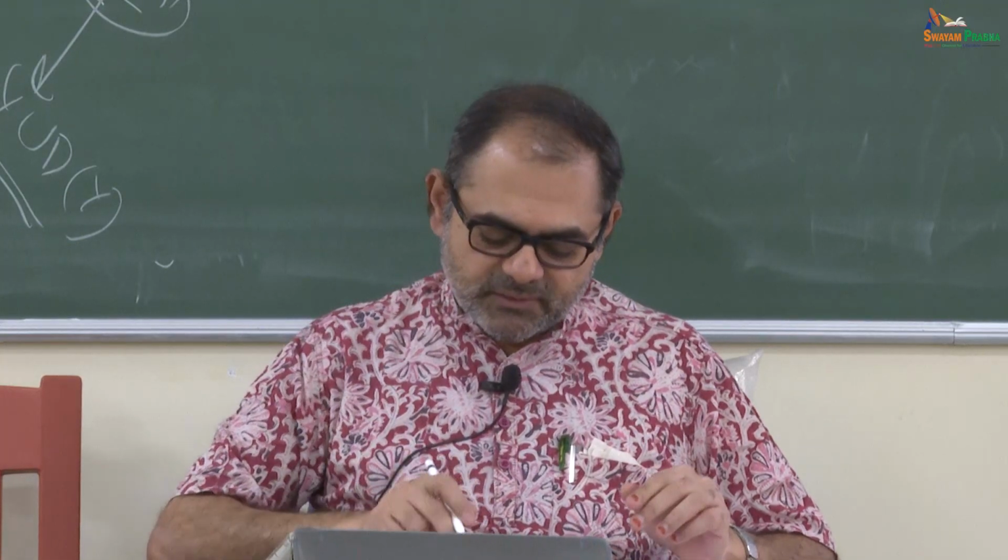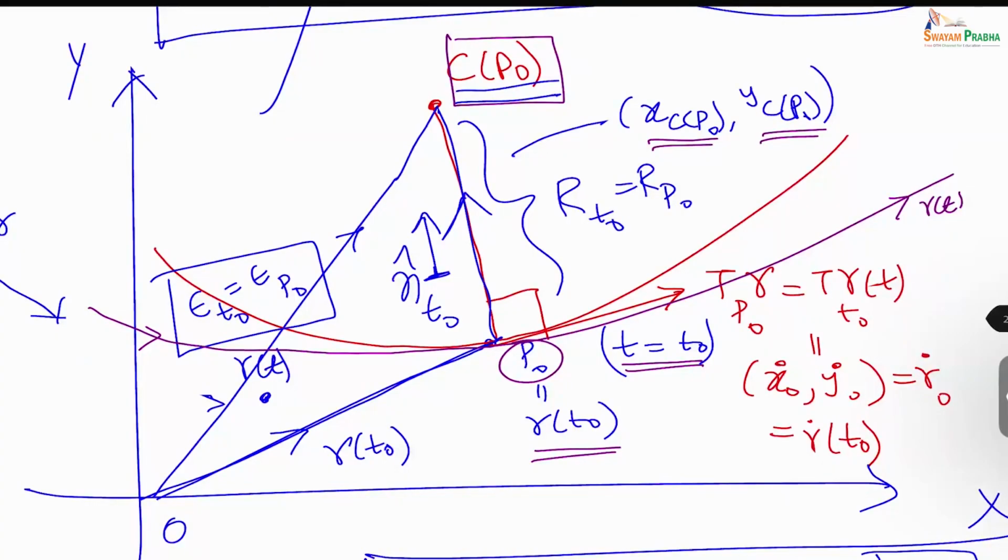And the center of curvature at p naught has an x coordinate and a y coordinate, all right. And we wrote out the x coordinate. I haven't written out the y coordinate, but at least if you look at it as vectors, it's kind of clear how the coordinates of C p naught should be, this being the origin here, okay.